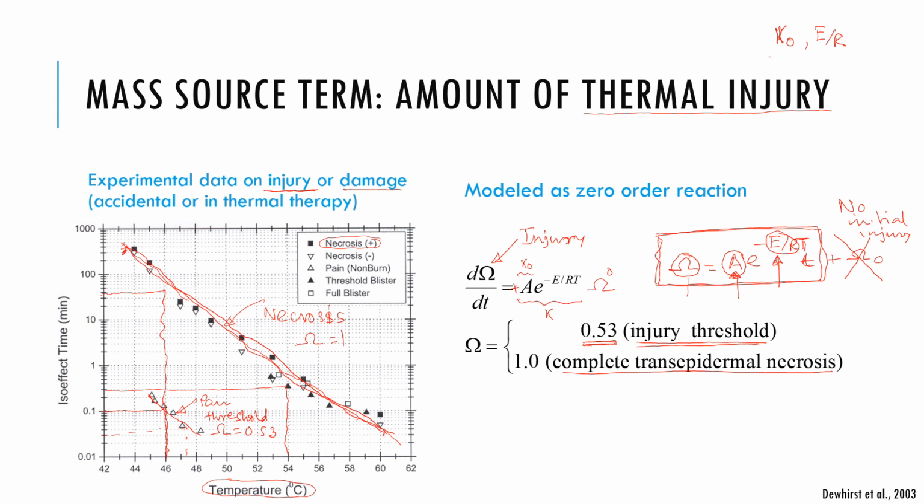When it reaches 0.53, we say it reached the injury threshold, and when it reaches 1, it's the complete necrosis. So how do we do these calculations? We'll see in the next few minutes.